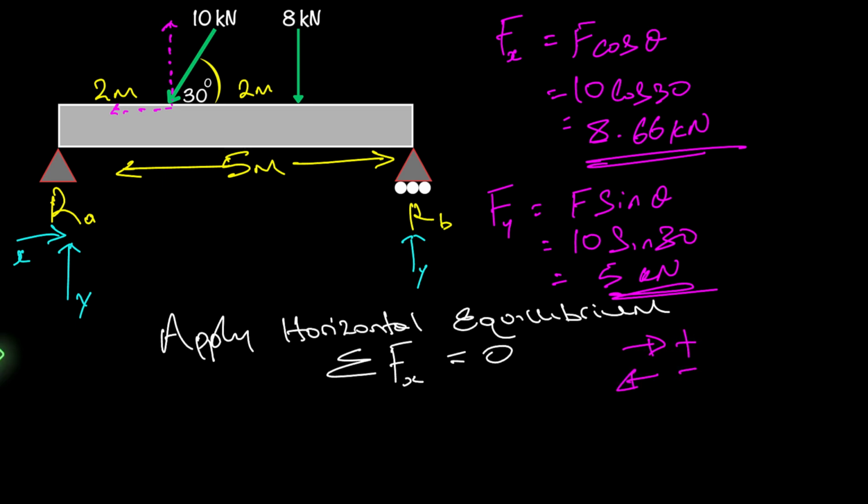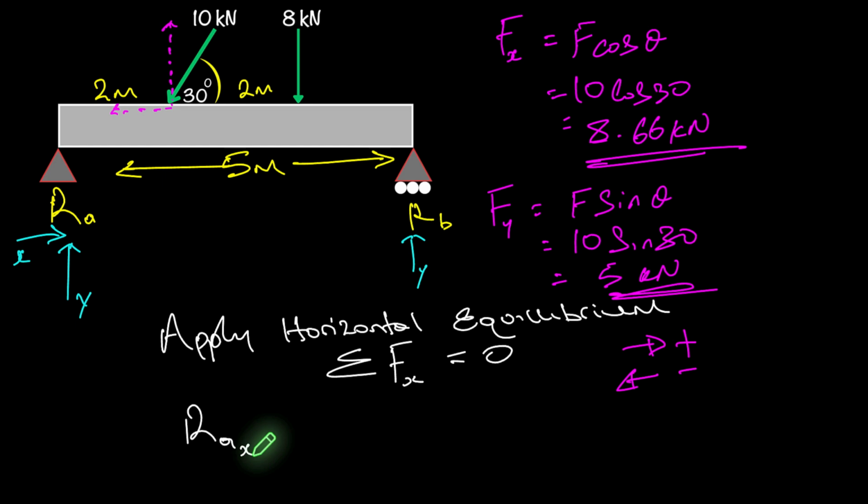So we have only two horizontal forces. We have this RA, so I'll just write that as RA subscript X, which is our unknown, that's going to the right. And we also have this component of the 10 kilonewtons, which is the 8.66 that we found, so that's going to the left.